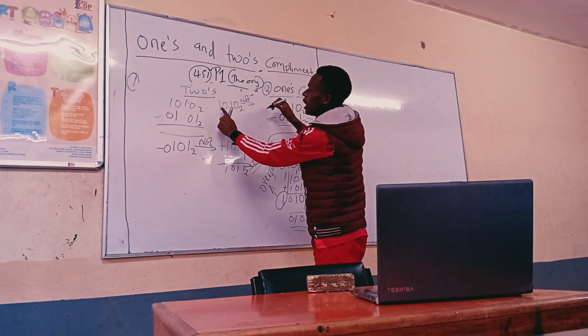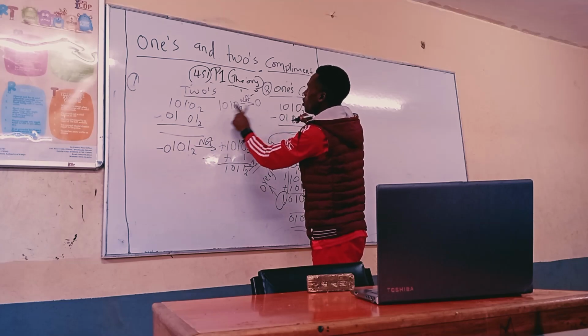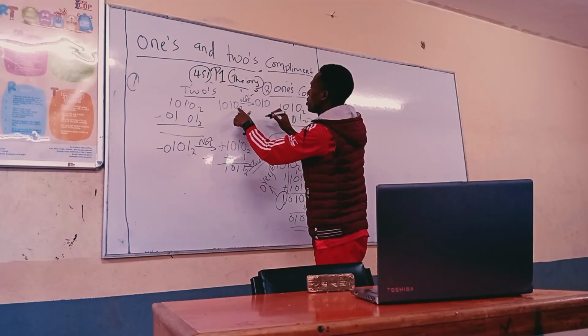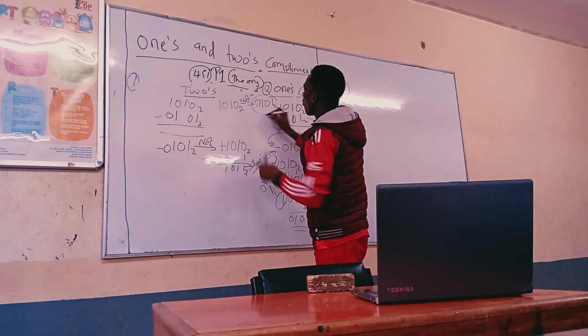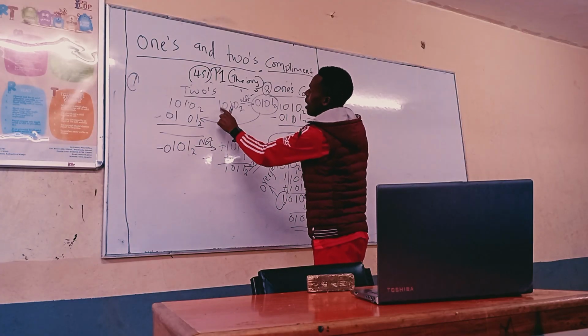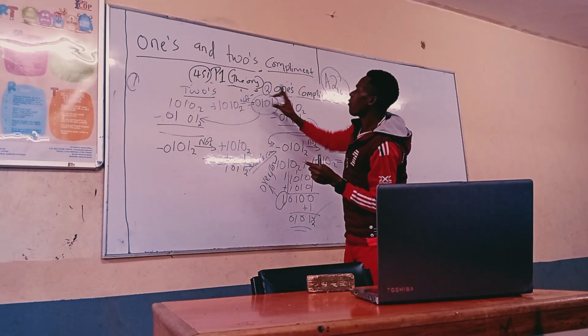When you do a further not to this one, it turns to 1. If it is not 1, it is 0. This one turns to a 1, this one turns to a 0, and this 0 turns to a 1. When you watch carefully, it is like you are going back to where you were. And remember, this was a positive, this turns to a negative. So you have come back to this one.